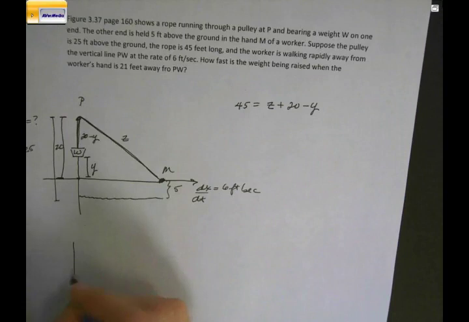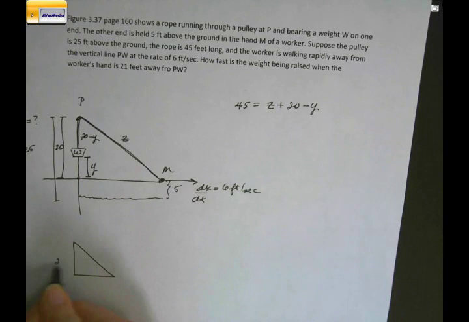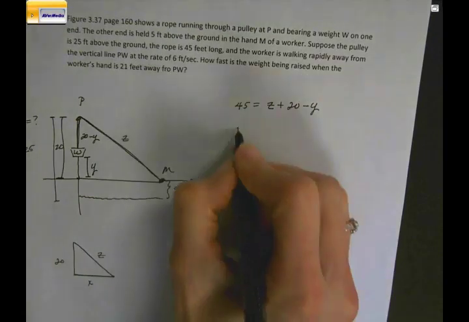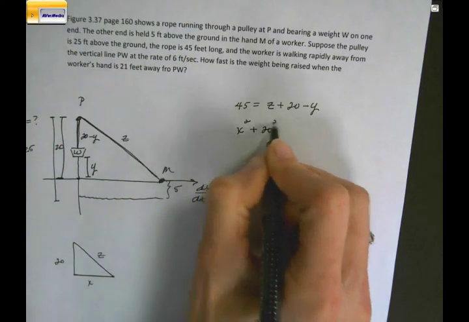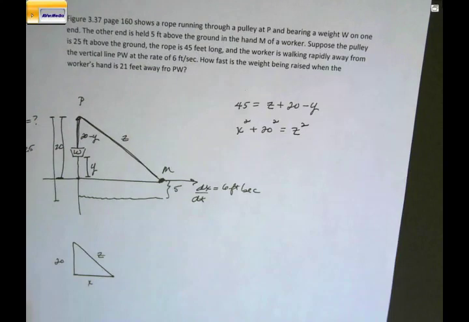Okay. Now let's take a look at a triangle that we can apply Pythagorean's theorem to. This side is 20, this side is z, and this side, when you freeze time, we're going to know this side, right? So we're going to end up using Pythagorean's theorem to make this happen. So we also know that x squared plus 20 squared equals z squared.